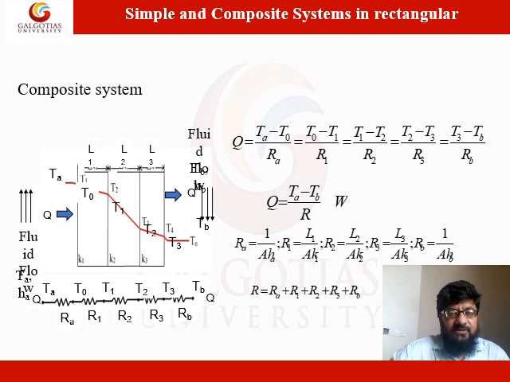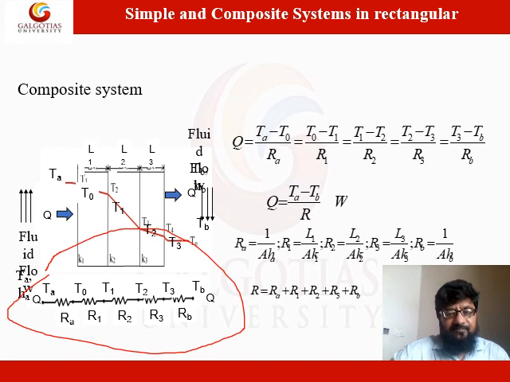So this can be analogized as heat transfer through slabs in series. The thermal resistance of all these systems can be calculated, where Ra and Rb are the thermal resistances due to convection, and R1, R2, R3 are the thermal resistances due to conduction. So the total thermal resistance we can calculate as the sum of all these thermal resistances.